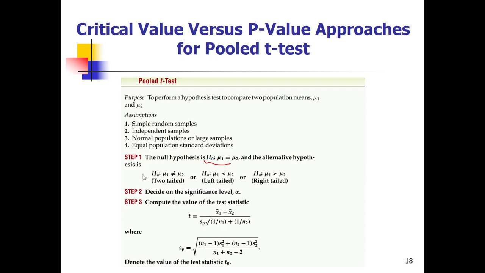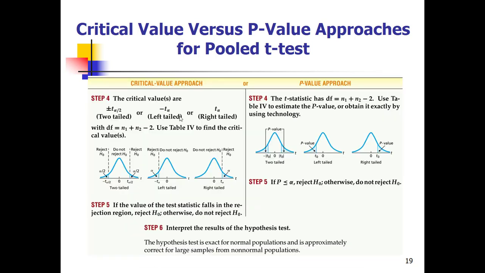We define our alternative hypothesis. Then we have to know our significance level. We go find our t. We go find our sp. We calculate t. Then after that, if it's a pooled t-test, we go through this.